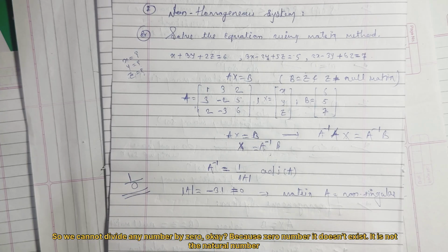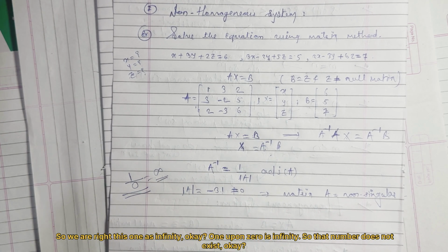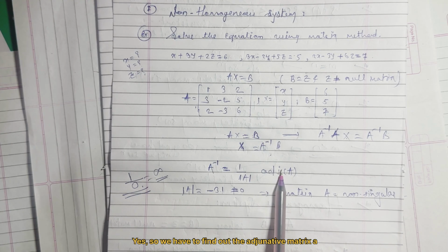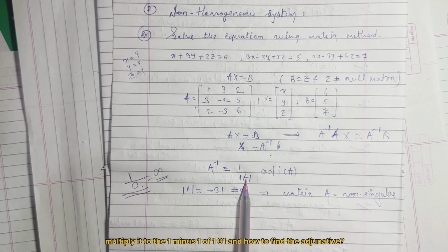So we write this as infinity; 1 upon 0 is infinity, so that number does not exist. In this case we do not want the determinant to be 0, but it is non-zero over here. So we have to find the adjoint of matrix A and multiply it by 1 upon minus 31.